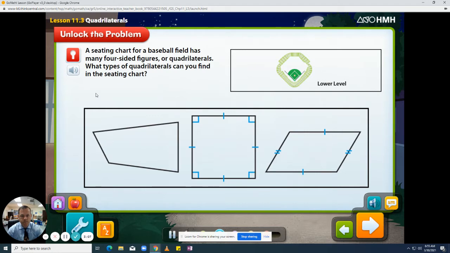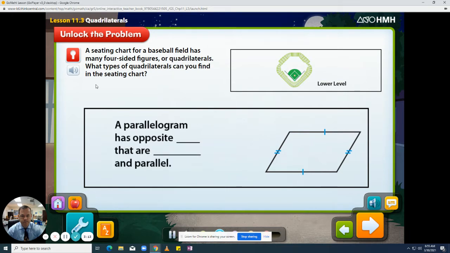A quadrilateral has 4 sides and 4 angles. Let's complete the sentences that describe the different types of quadrilaterals. A parallelogram has opposite sides that are congruent and parallel.